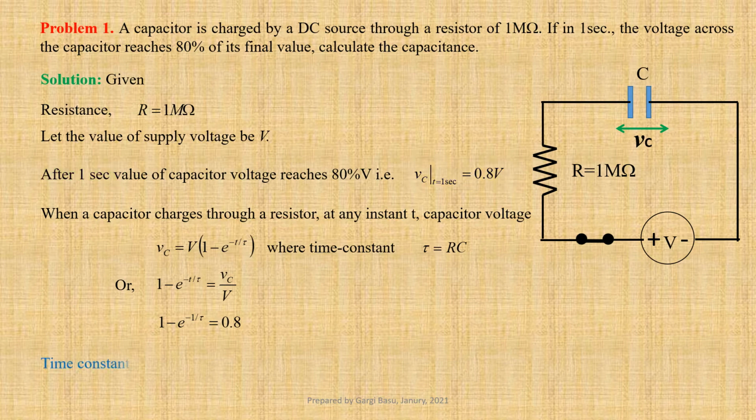Therefore, time constant tau equals 0.6213 second. That is equal to R into C.